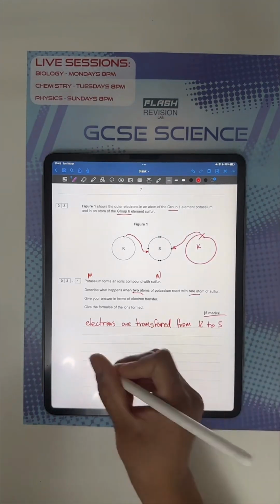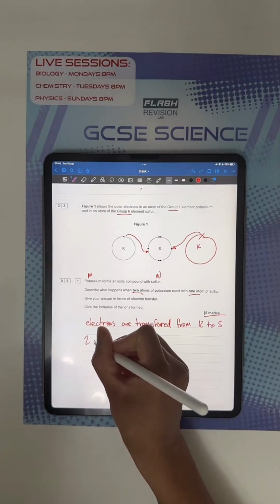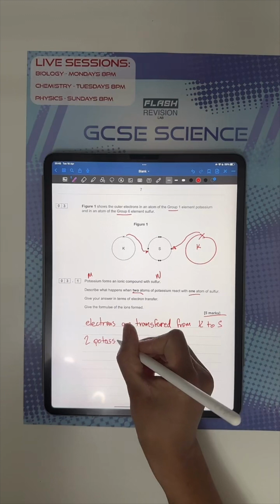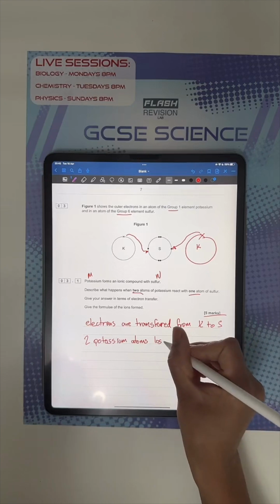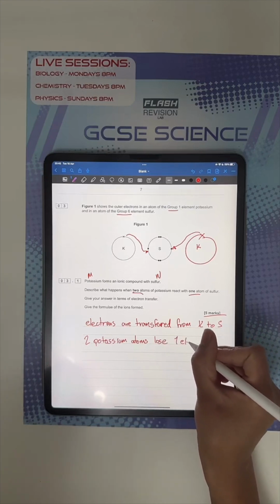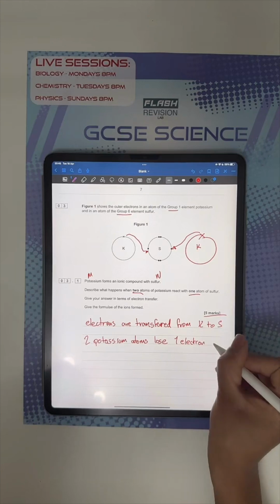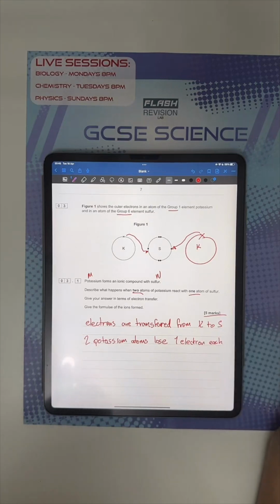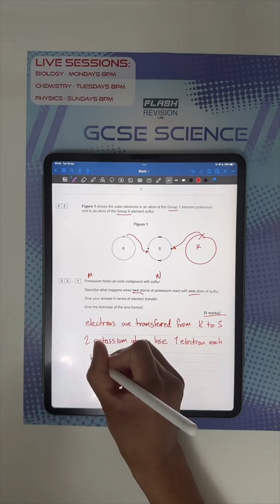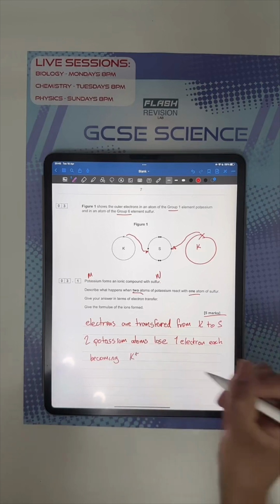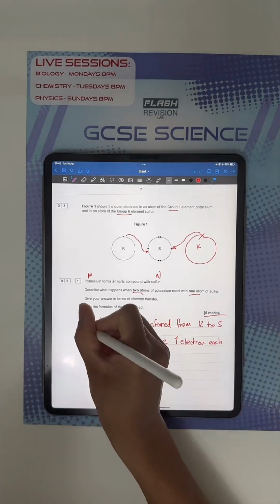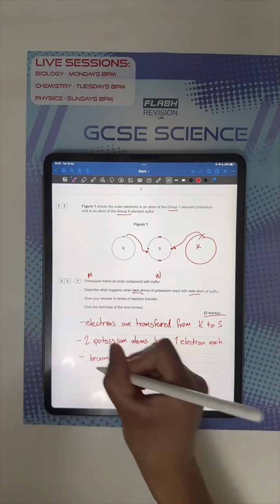So you'd say 2 potassium atoms lose 1 electron each. That's the second mark. And then saying what each of them forms. So if potassium loses 1, it becomes K+. And then we just need to say, so that's 1 mark, that's 2 marks, 3 marks.